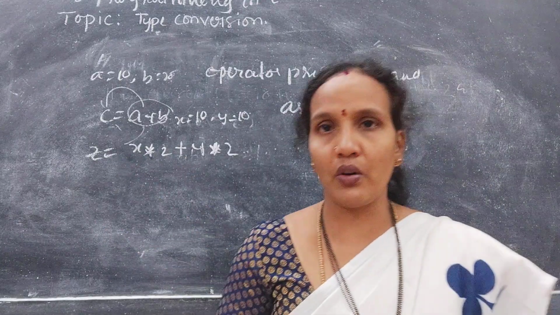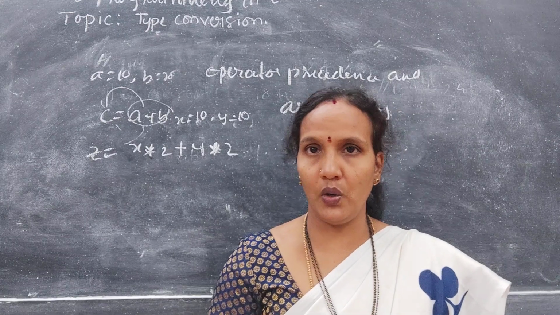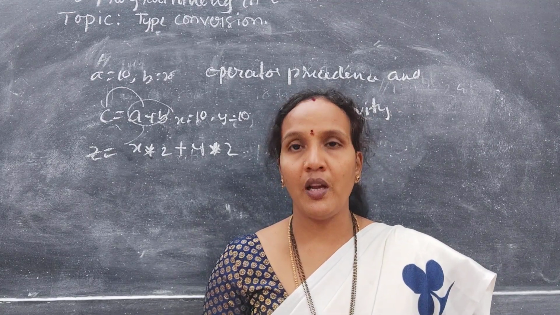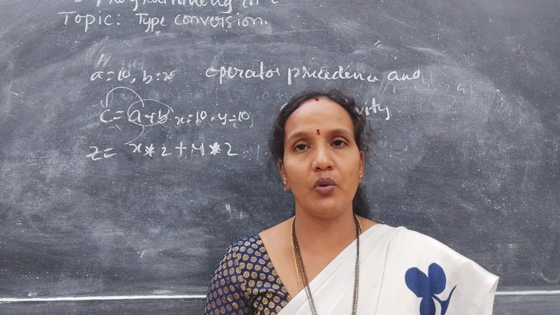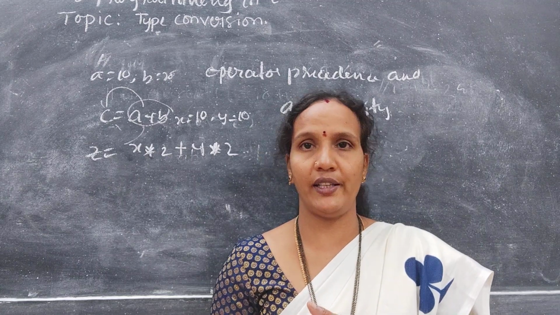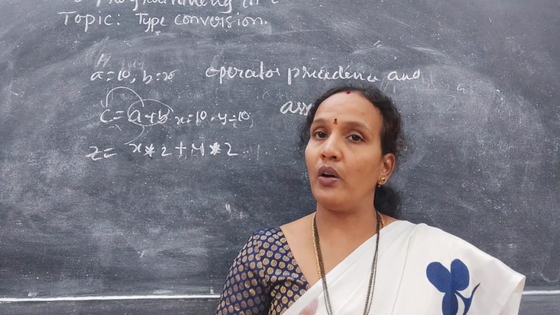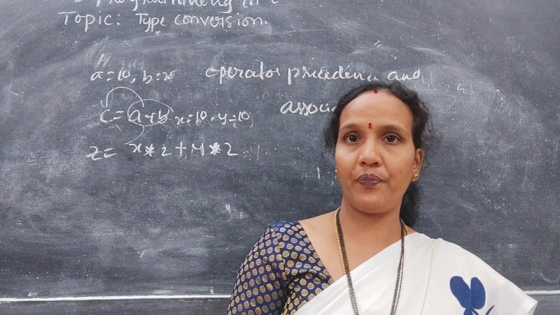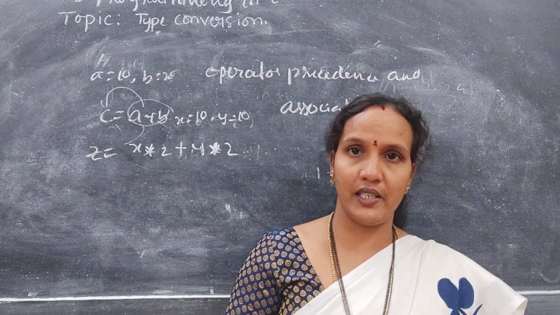If more number of operations are involved, more number of operators and operands are involved in one expression, then how is that expression evaluated, from right to left or left to right, and which operation is performed first? That is called the operator precedence.